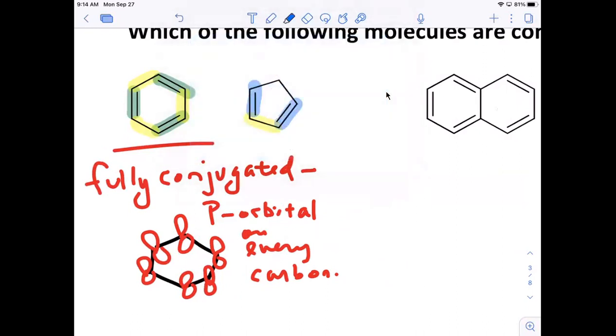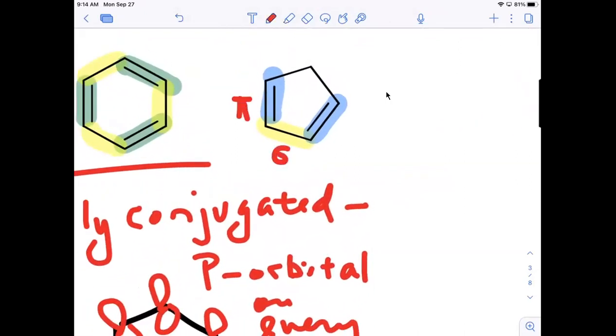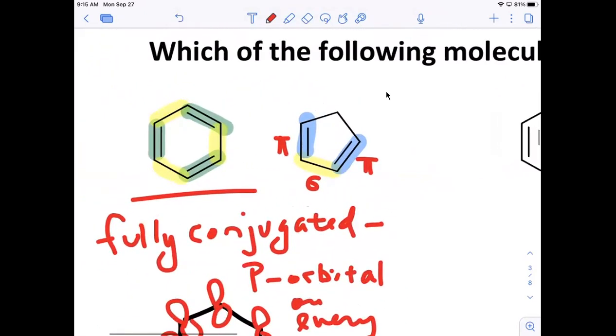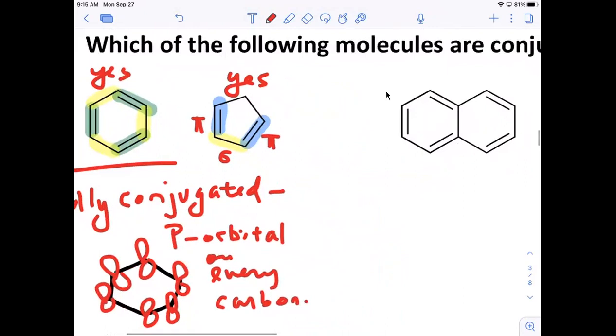You see the double, single, double, or pi, sigma, pi? So you have two pi bonds separated by a sigma bond, so yes. Do you see it now? Okay, all right, cool.